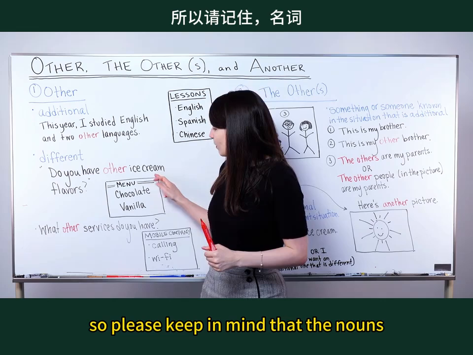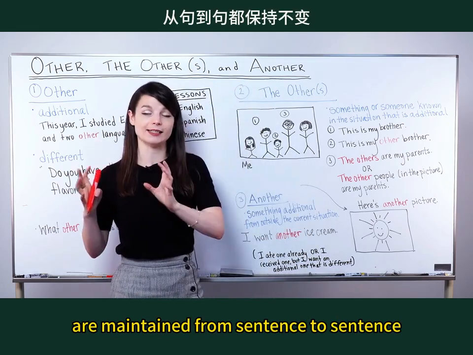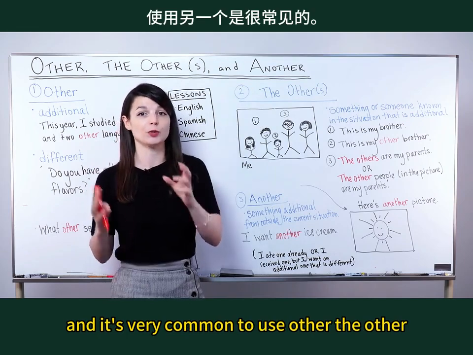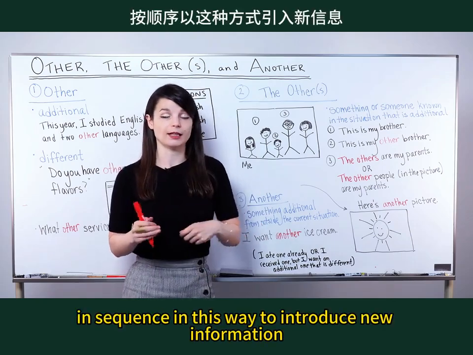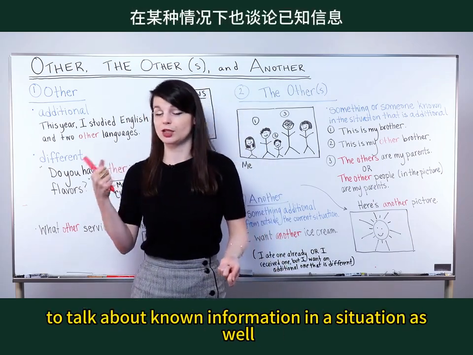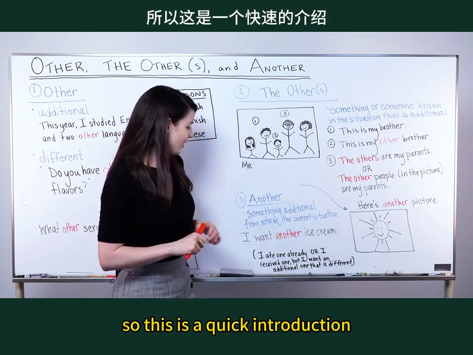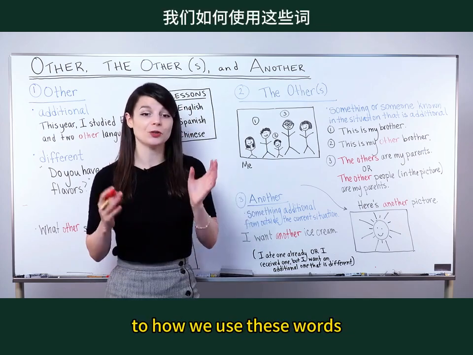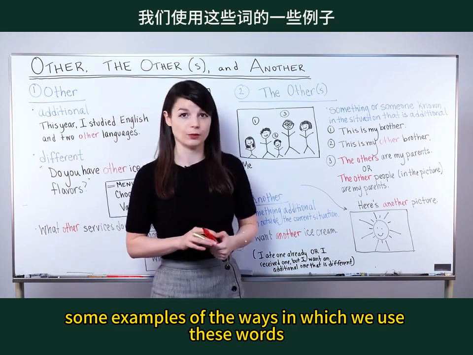So please keep in mind that the nouns are maintained from sentence to sentence, and it's very common to use other, the other, and another in sequence in this way, to introduce new information, to talk about known information in a situation as well. So this is a quick introduction to how we use these words and some examples of the ways in which we use these words.